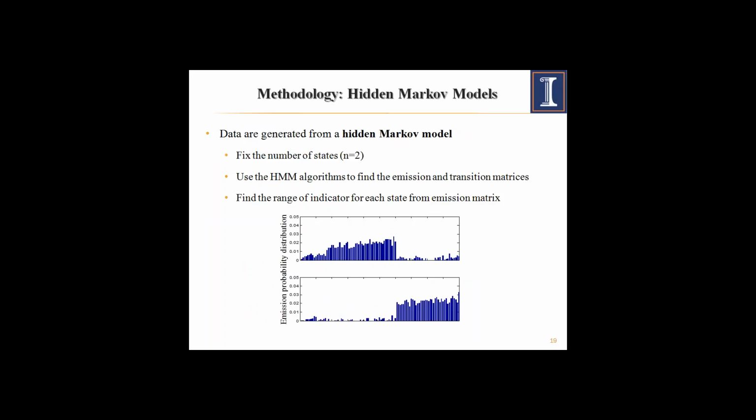So we can give it to the algorithms for hidden Markov model, and we also need to fix the number of states to be 2. And then we can get the emission probability from the hidden Markov model.